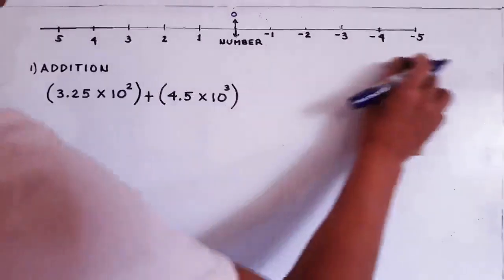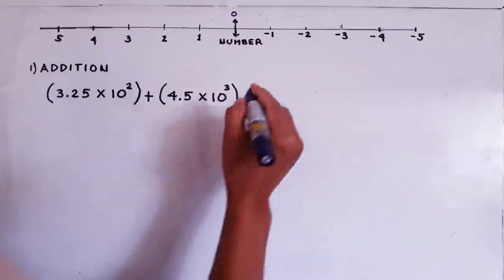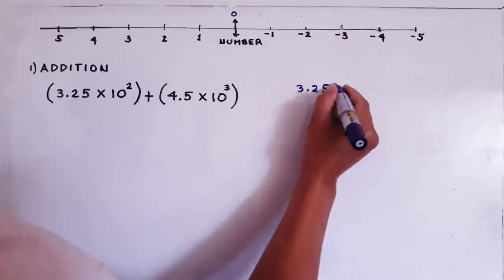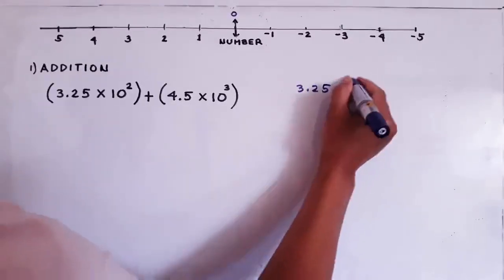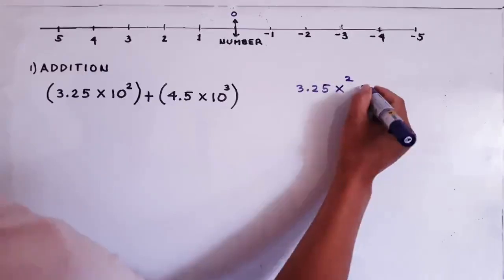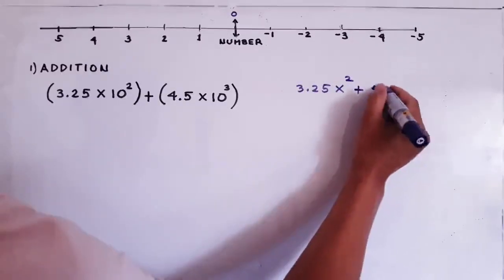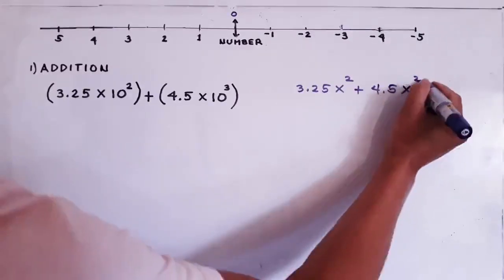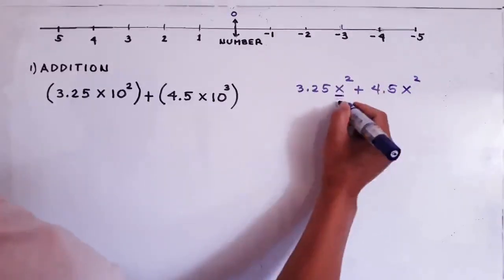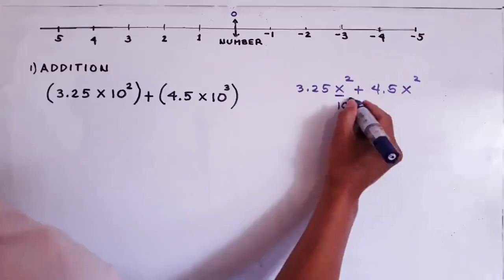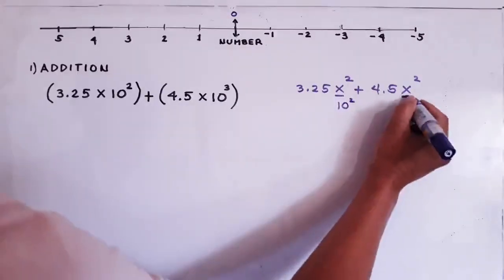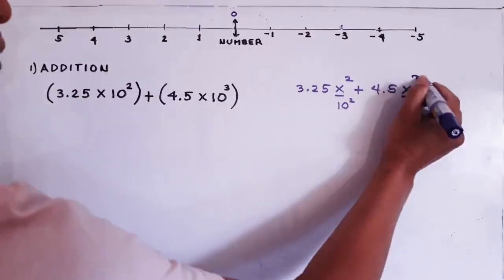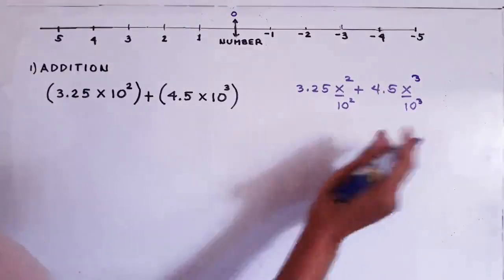If we are going to write this one in algebra, we have 3.25x squared plus 4.5x squared. What is this x squared? This is our 10 to the second, and this one is 10 to the cube, like that, class.